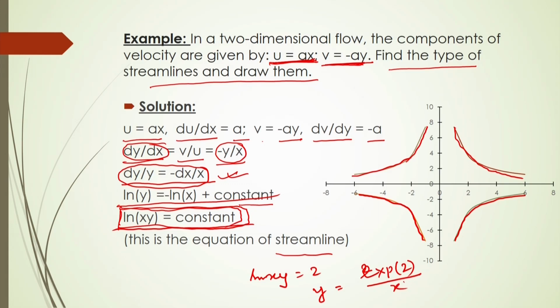So, if you change the x value, then you can find the respective y value, and if you plot it, you can get this type of hyperbola type of streamline. So, this is one example of how to calculate the streamline.